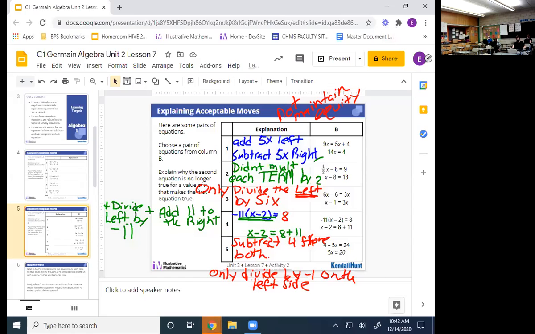How we went from that negative 5 to that positive 5 is we divided by negative 1, okay? But we didn't divide the right side by the negative 1. So that's where the unmaintaining of equity comes into place, because we didn't divide both sides by the negative 1. Do we see that? So that first move did maintain equity. The second move, though, was where we messed it up.